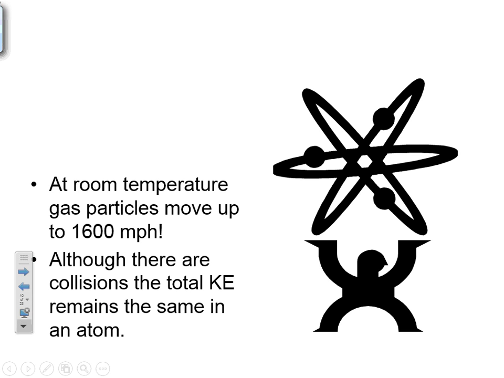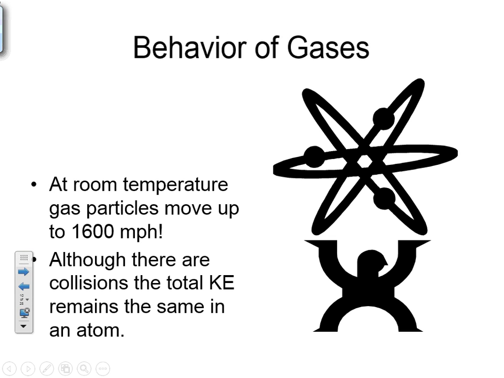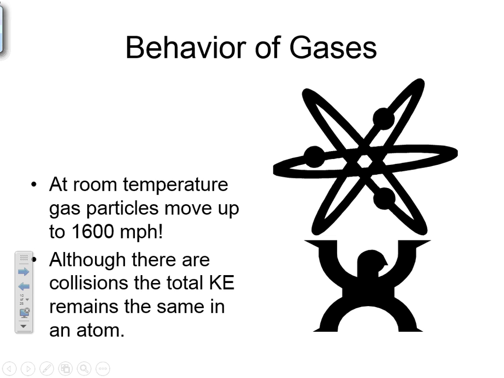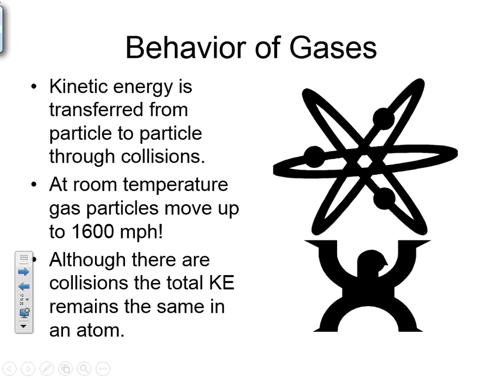When we talk about gases, how do gases act? Well, gases are always moving because particles are always moving. Gas particles are always moving. In fact, you can't even see it, but in the air, some gas particles can move up to 1,600 miles per hour. Kind of crazy when you think about that. And even though you can't see it, gas molecules are colliding.